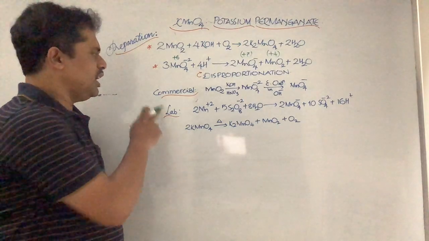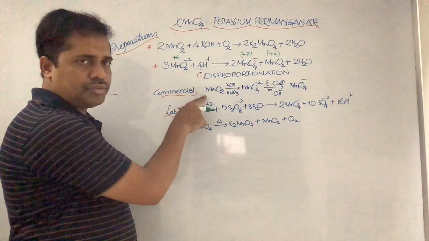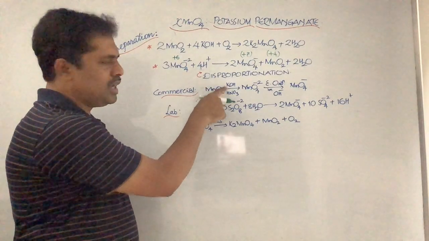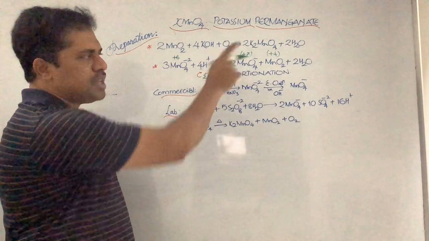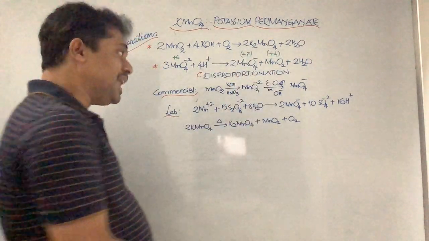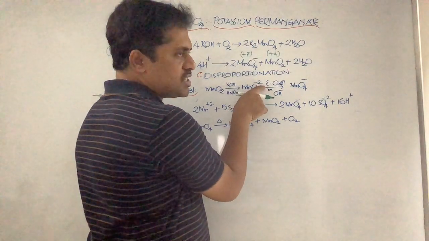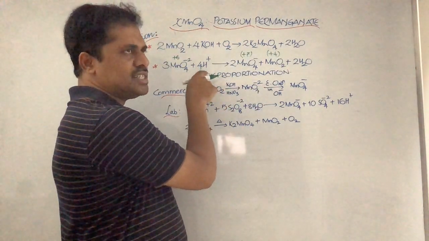One more you can see, that is the commercial method. The commercial method is also the same thing. MnO2 is fused with KOH, acidified with HNO3, to give MnO4 2-. So the first step is the same. MnO4 2- is nothing but K2MnO4, potassium manganate. Next, electrolytic oxidation. Here we mentioned that the previous one is a disproportionation reaction in acidic medium.